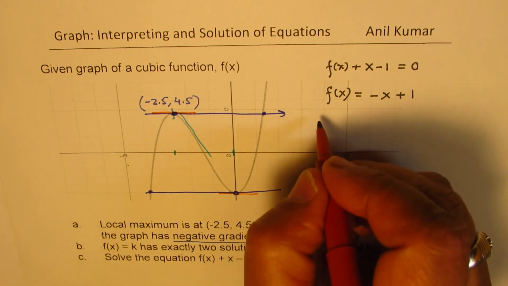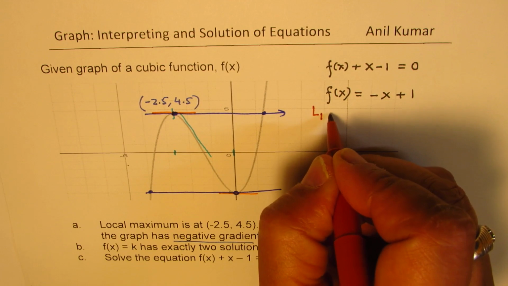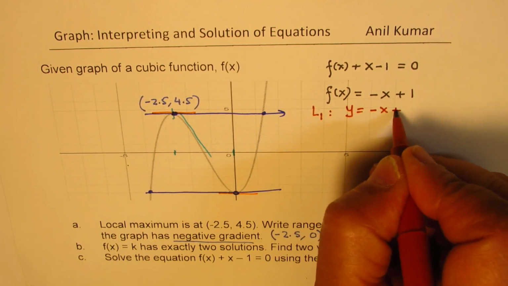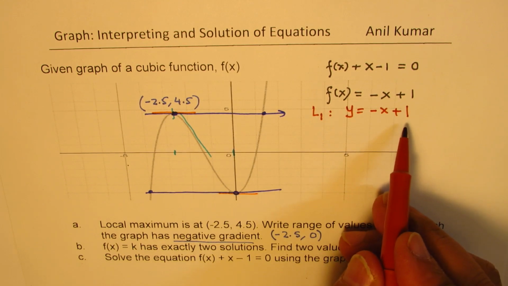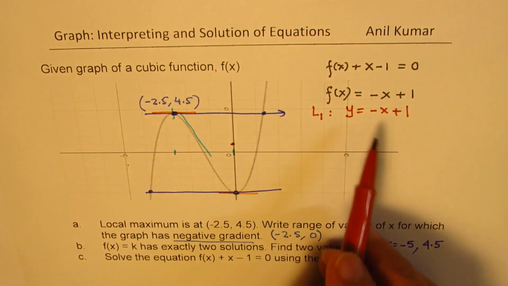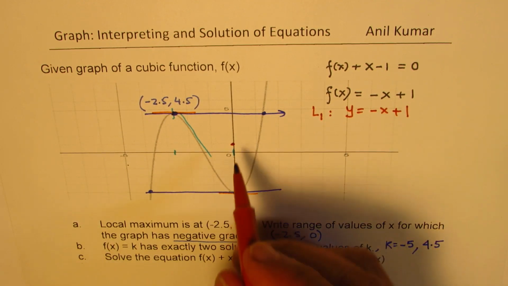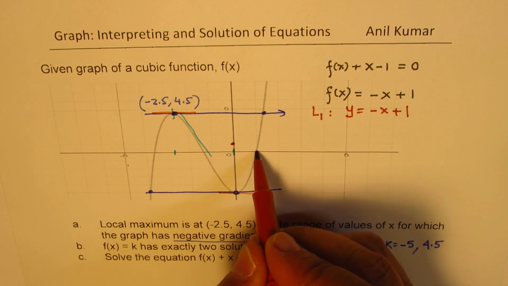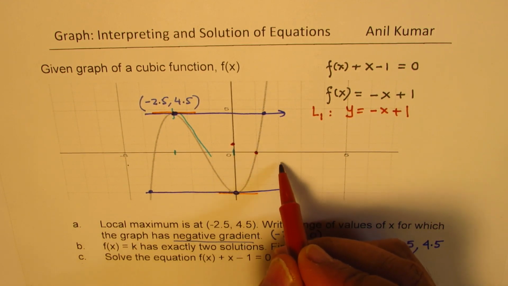So we'll draw the line, let's say line L1, y equals minus x plus 1. Now 1 is the y-intercept, so that is the point (0, 1). Slope is minus 1, so the next point will be 1 to the right and 1 down.